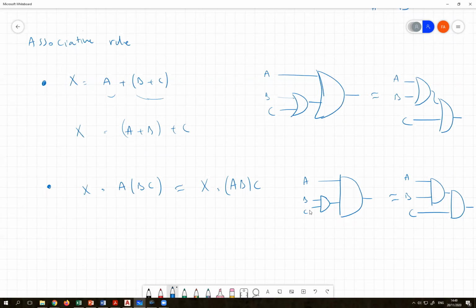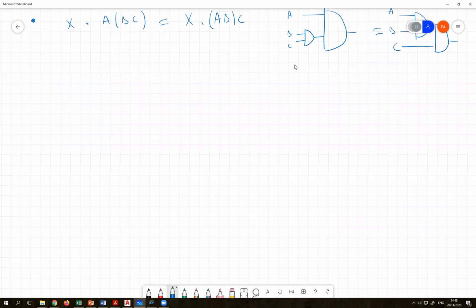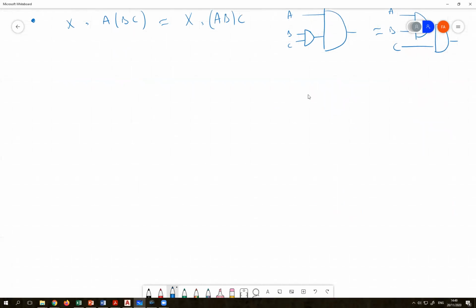These are very simple rules, and I think it's quite easy to understand how they work. The next rule is the distributive rule.